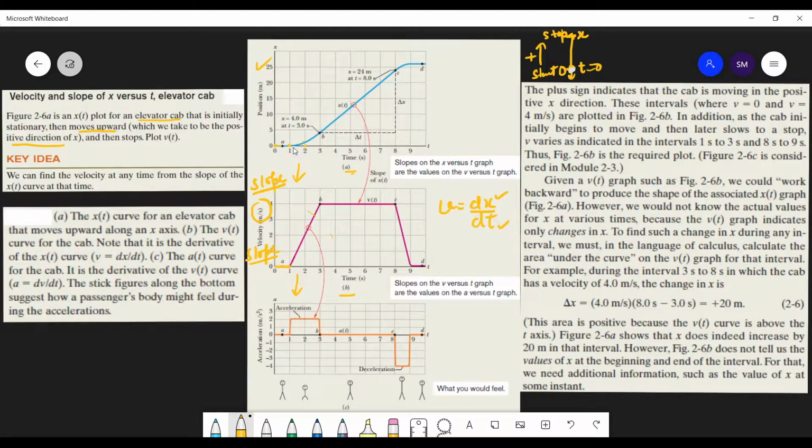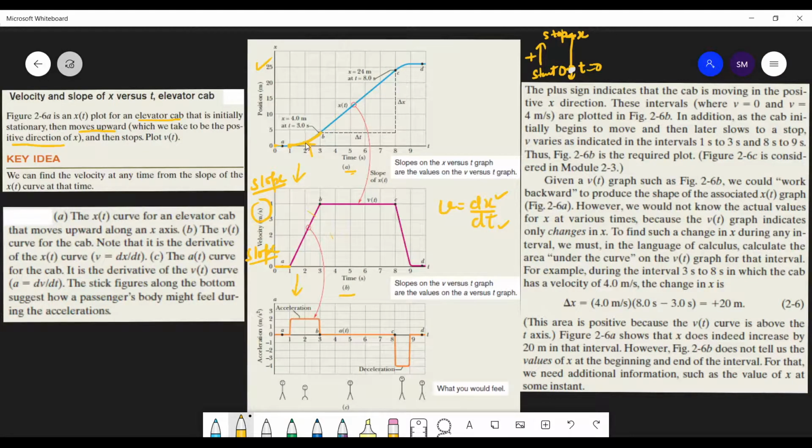You can see that there is a curve from 2 to 3. It means velocity is increasing, because it is getting steeper. This is the curve from A to B. So the slope at 1 second was 0.